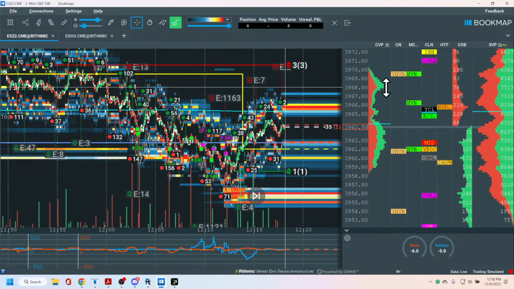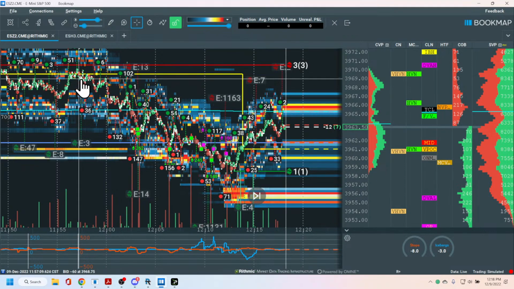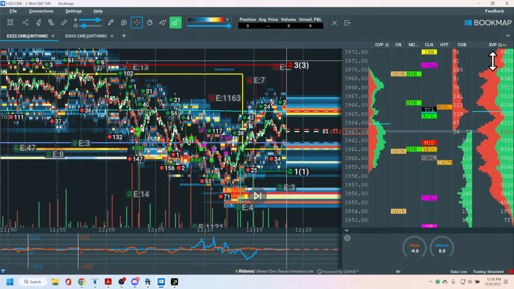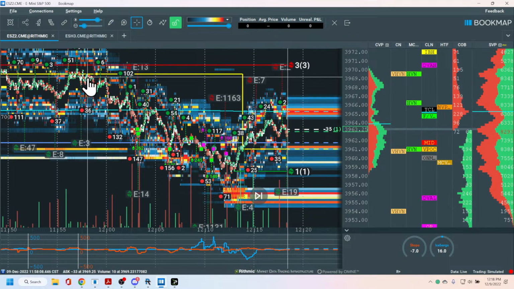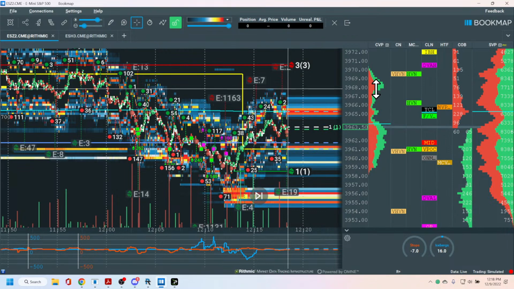It's only showing me the volume that's on the screen, so I can see the fractals. This is what I really like about it. This is showing me all the volume for the day. So you can see it there, but I can also see it here more cleanly. So just a way to look at it.